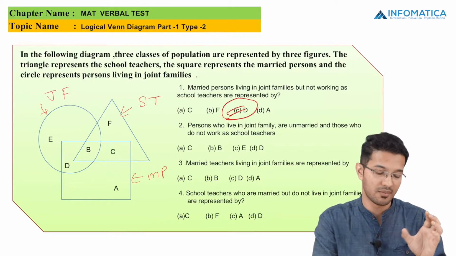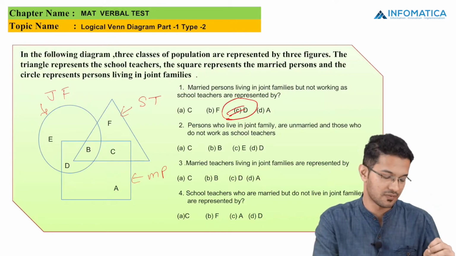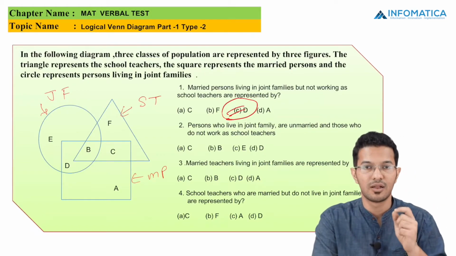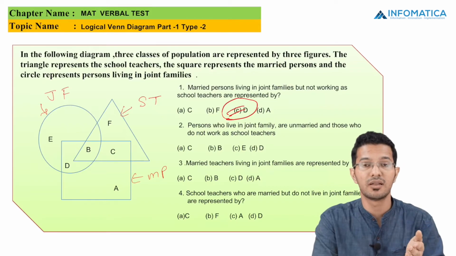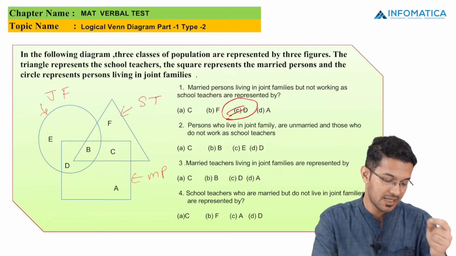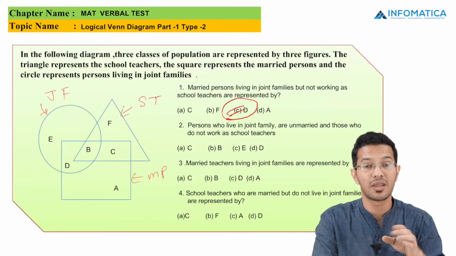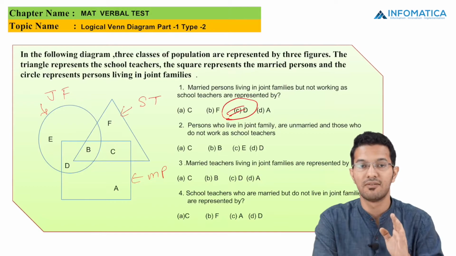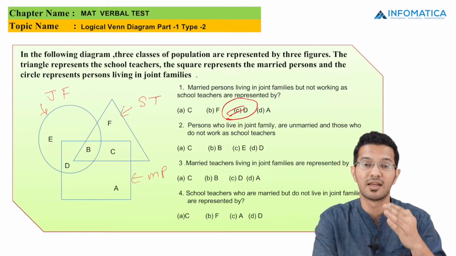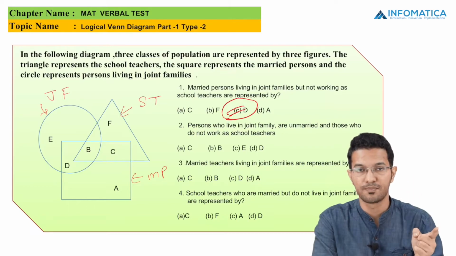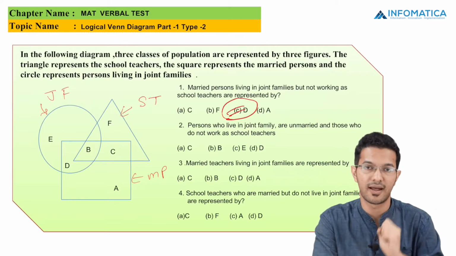Now in joint families, I am having three letters, which is E, D and B. Now unmarried people are those people who will not come in the square. So I am having D, B, C and A who are married people. But when I look at the unmarried people, they will not be inside the square. They will be outside the square. That is, they will be either in the circle or they will either be in the triangle.